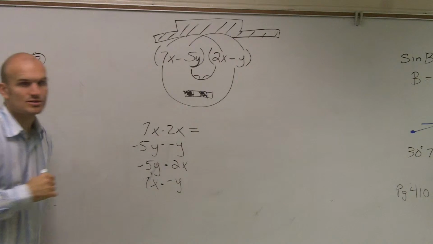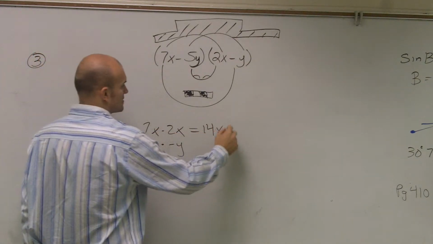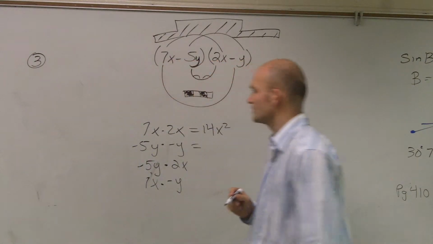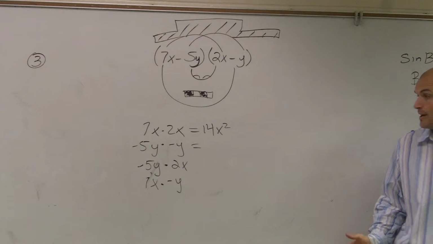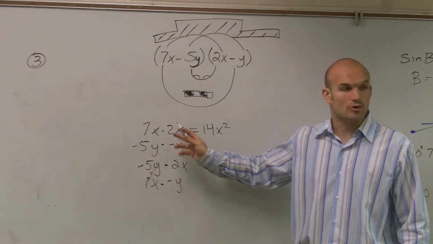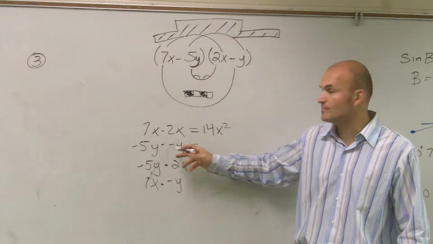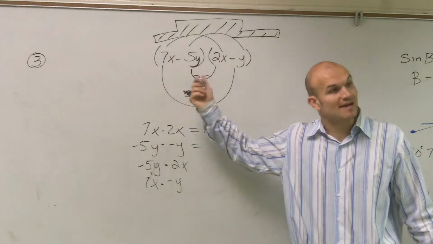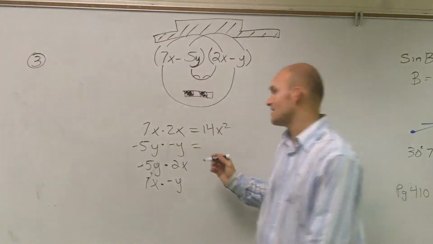What's 7x times 2x? Well, 7 times 2 is 14. x times x is x squared. What's a negative 5y times negative y? Negatives cancel out to make a positive. Remember you're multiplying, so negative 5y times negative 1 would be a positive 5. y times y is y squared.